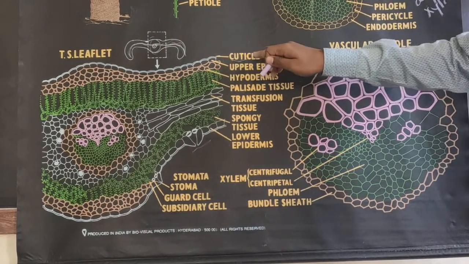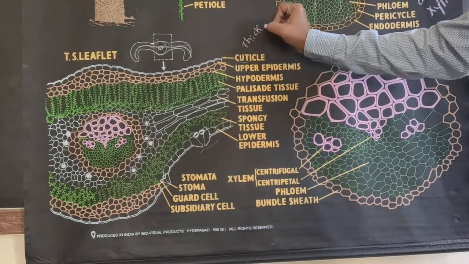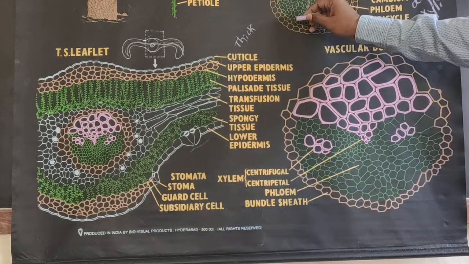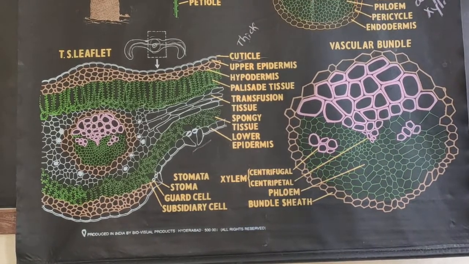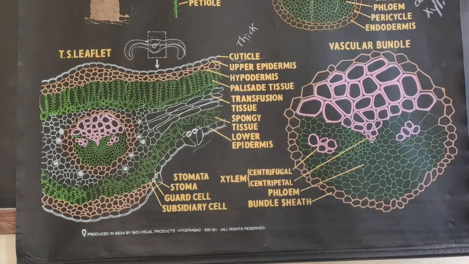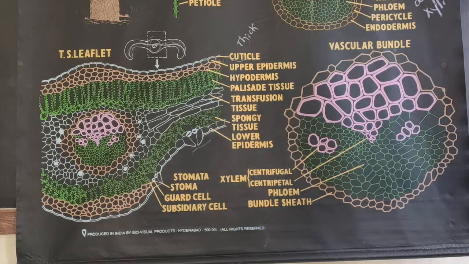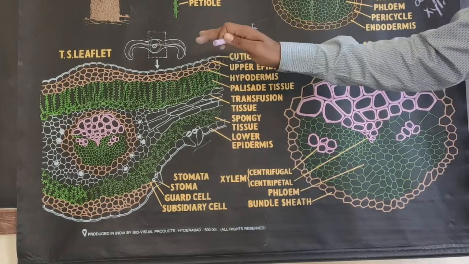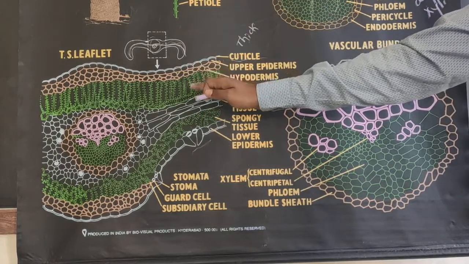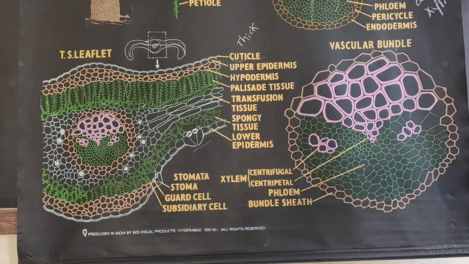The presence of a thick cuticle is one of the characteristic features of xerophytic plants. When the thick cuticle is present, it mainly helps in avoiding water loss. If the cuticle is absent, the water present in all these tissues will come out through the process of transpiration.